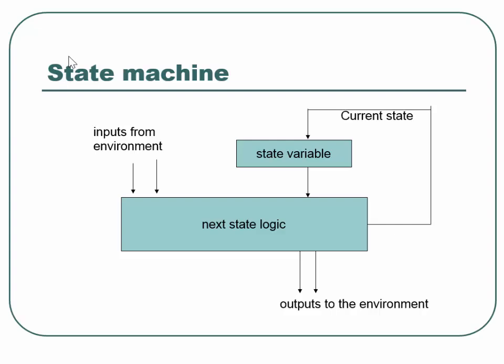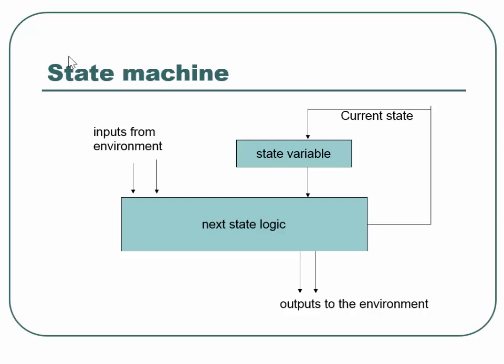This is kind of a flow chart, where we have some logic that we're going to write. And we're going to just use a select case statement in C for this logic. Then we have our state variable. Our current state is what's coming out of our logic. In other words, what state are we in?